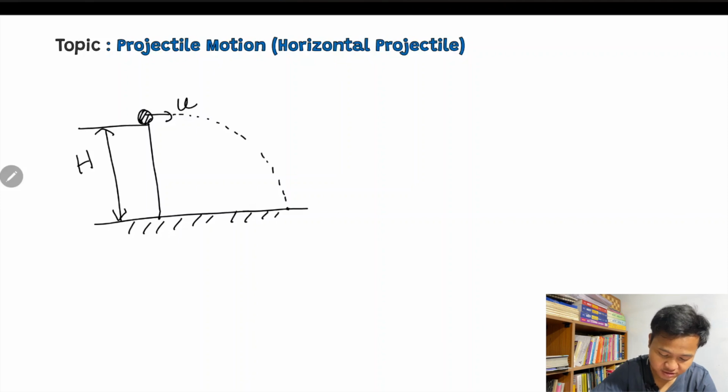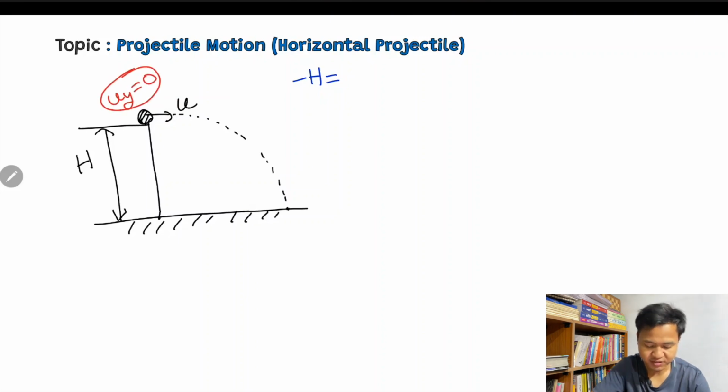If you concentrate on the vertical motion, it goes down and reaches the ground. The displacement is minus h, since it is going downwards. So minus h equals the initial vertical velocity times t minus half g t square. Since it is horizontal, uy is 0.